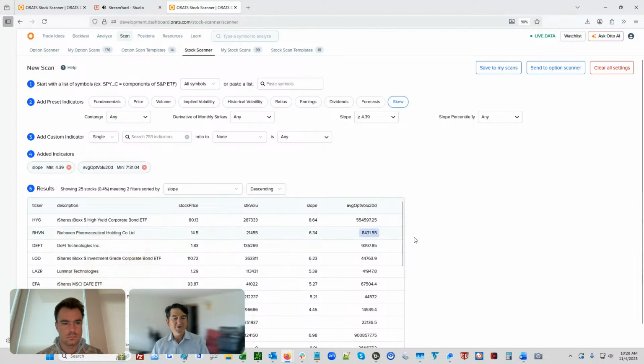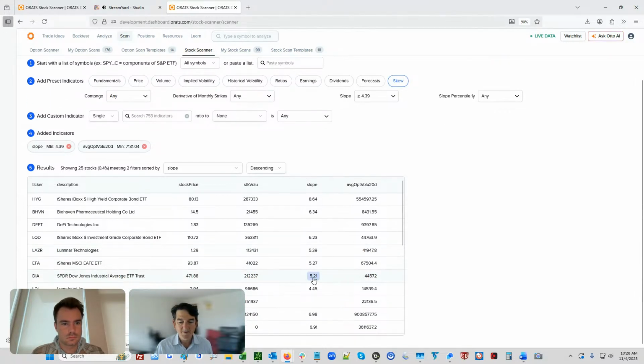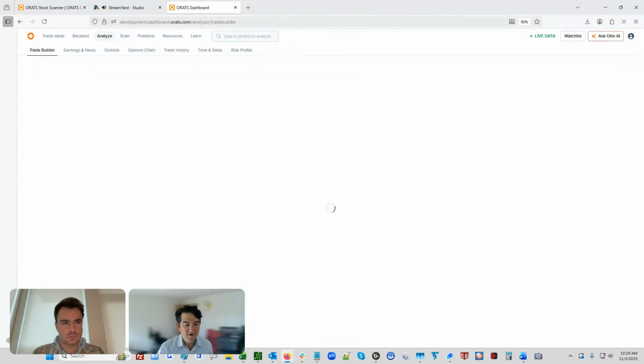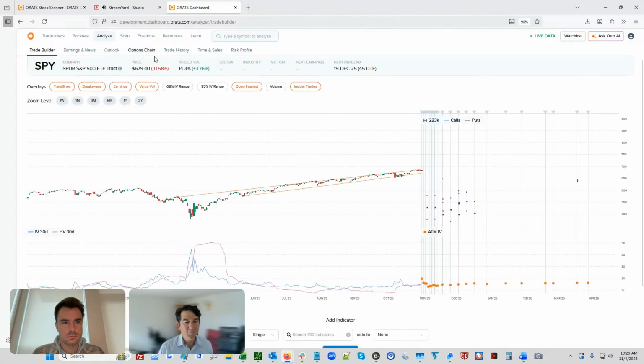HYG is the steepest. EFA is pretty steep. Diamonds are steep. And there's SPY, which is at 7%, which is typically quite steep for the SPY. And we could add slope here.